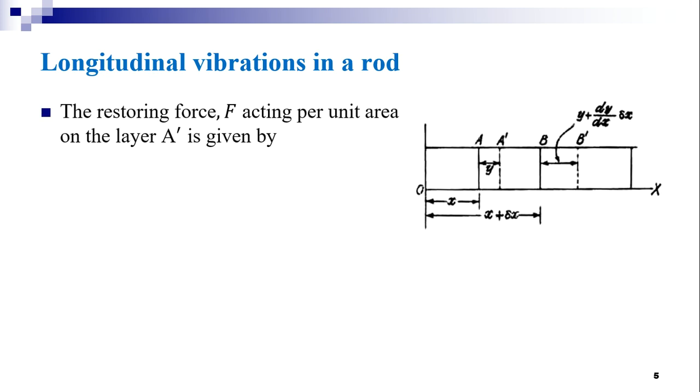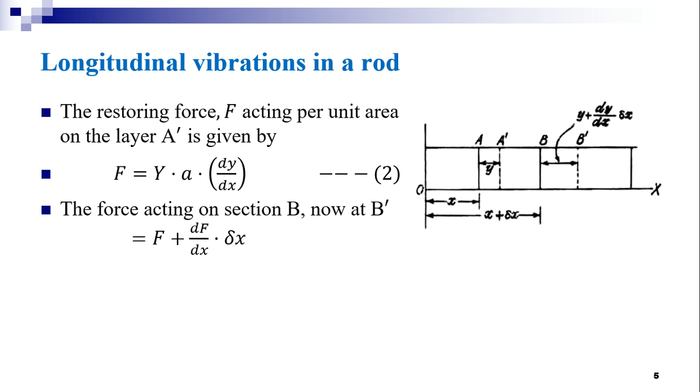Now the restoring force F acting per unit area on the layer A dash is given by F is equal to y into A into dy by dx. This is equation number 2.